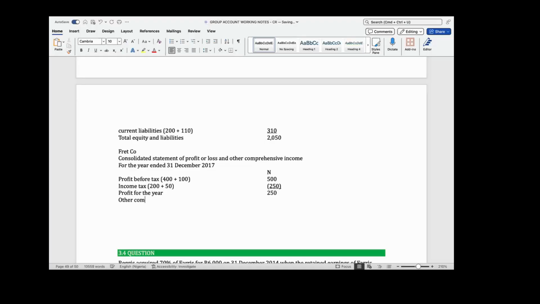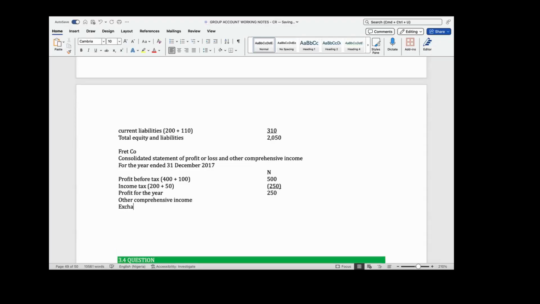Then other comprehensive income is the exchange difference. How much was it? 180.